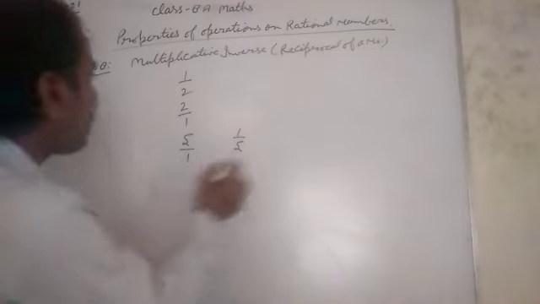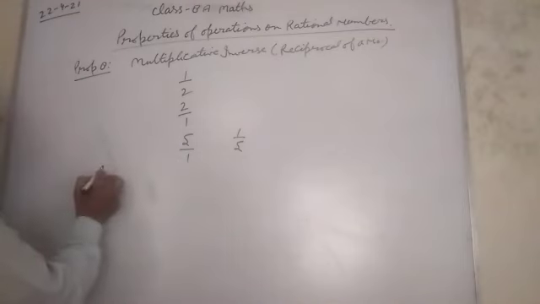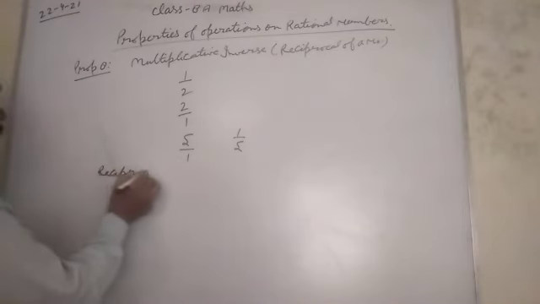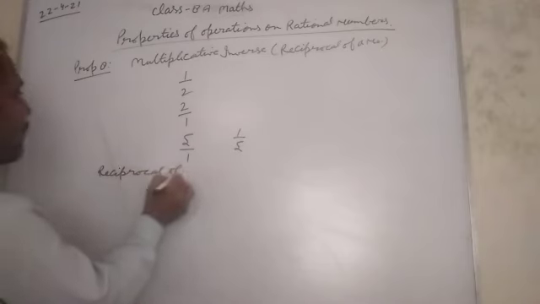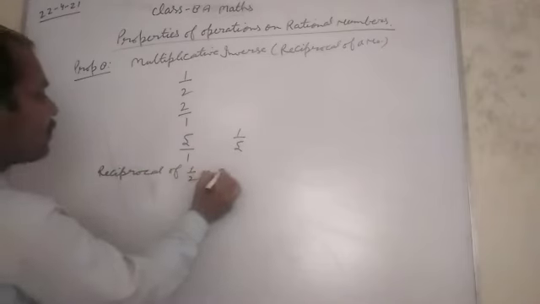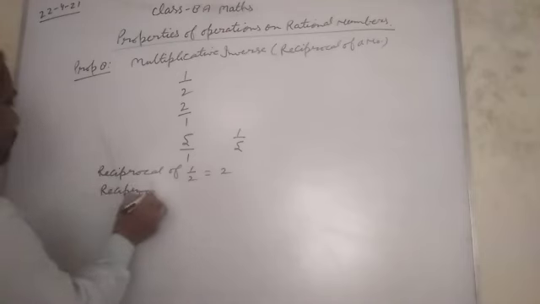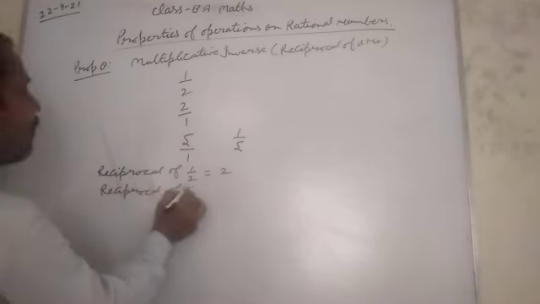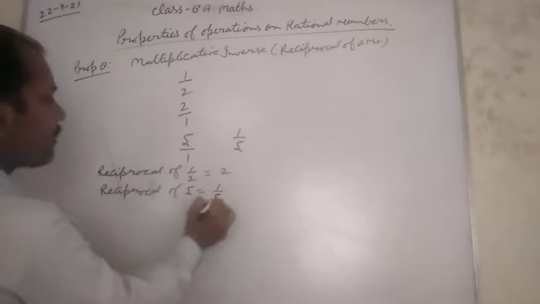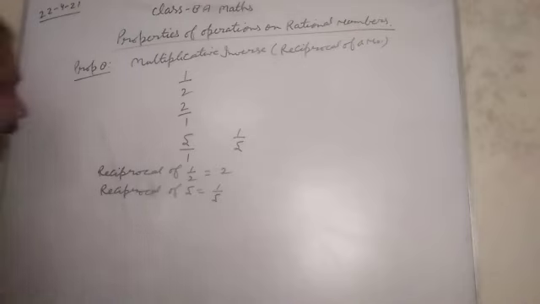And how to write it in language? Write like this: reciprocal of 1 by 2 is equal to 2, or 2 by 1, or reciprocal of 5 is equal to 1 upon 5. Like this you have to write; writing 5 is equal to 1 will be wrong.